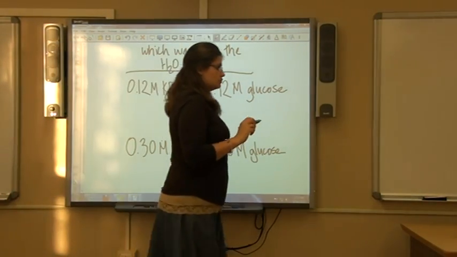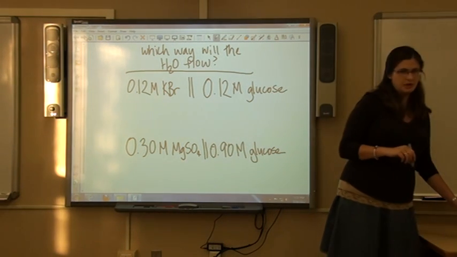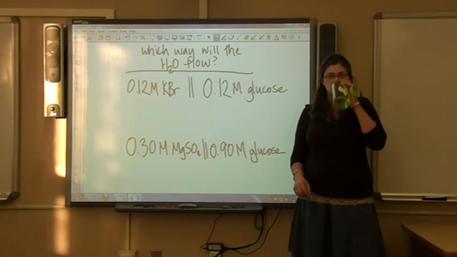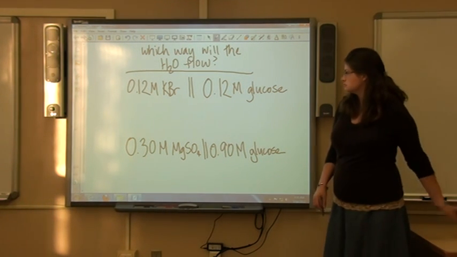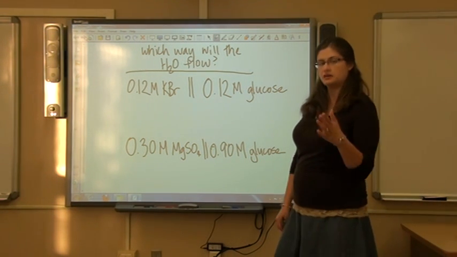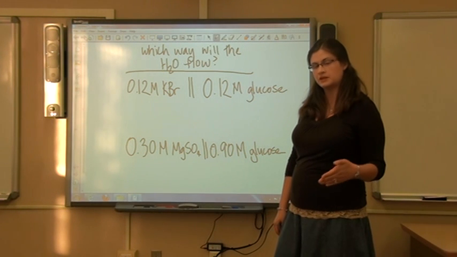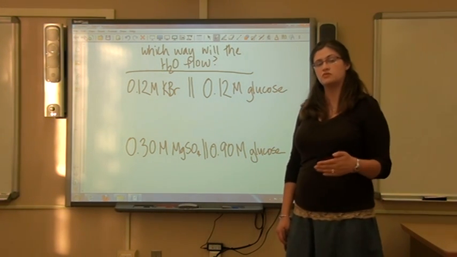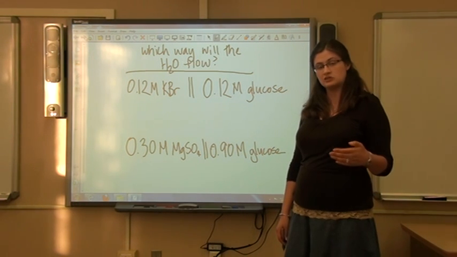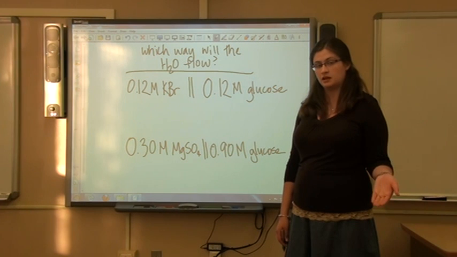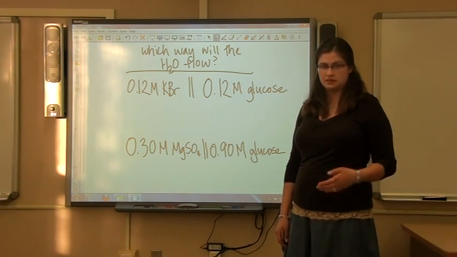Okay, so we can actually calculate how the water is going to flow between exact concentrations of solutions. This is what's important for you as nurses because this will help you to know what's happening in a patient's blood cell when they're getting an IV of 5% dextrose or glucose as opposed to an IV of 0.9% glucose.